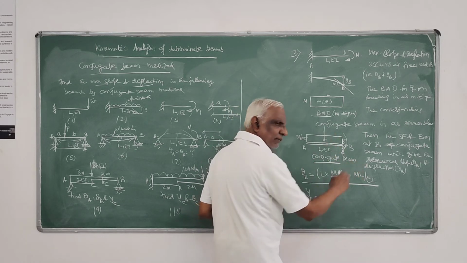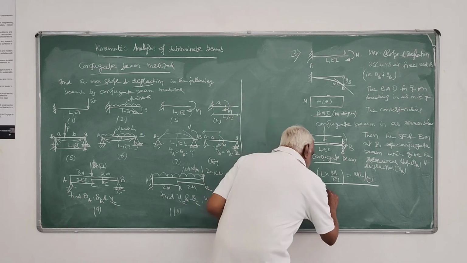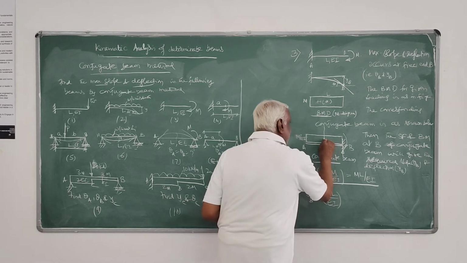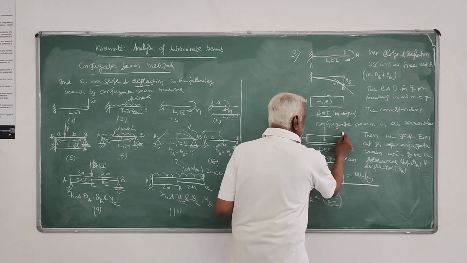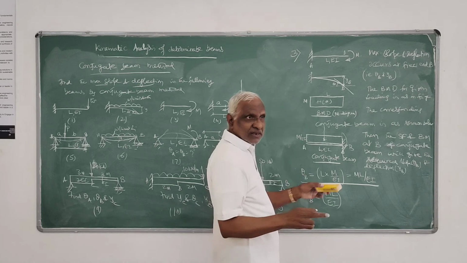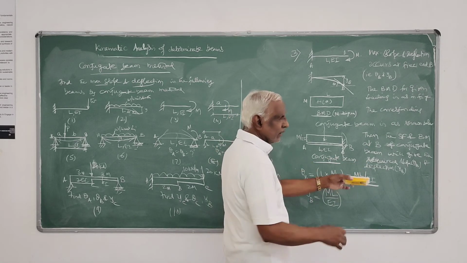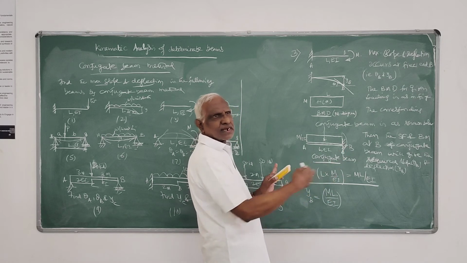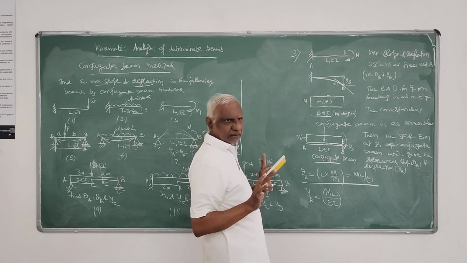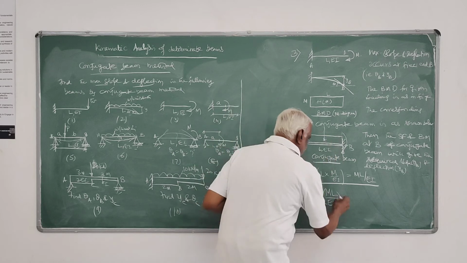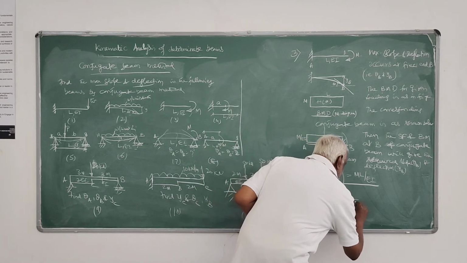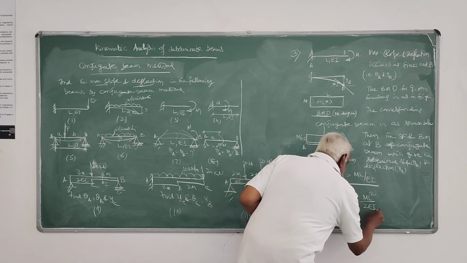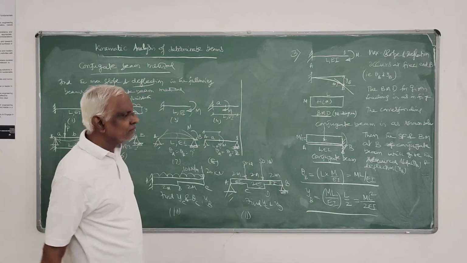This total load is ML by EI, and it acts at the centroid, which is at a distance L by 2. That's why I gave you in the beginning the standard areas of bending moment diagram figures and the centroid equations. You have to remember that anyway. So that is ML squared by 2EI.